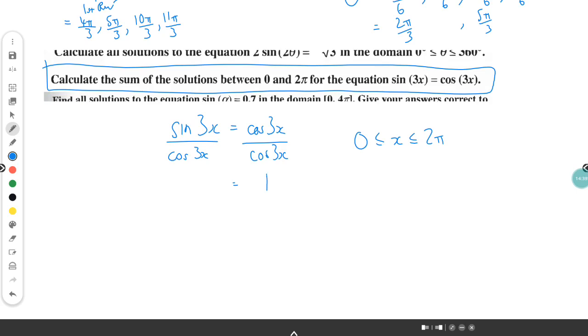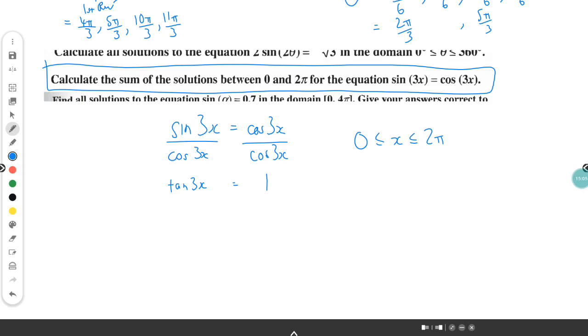Okay, what's that rule about sine over cos? Tan. So sine 3x over cos 3x becomes? Tan 3x. There we go, tan equation. So you divide both sides by cos.